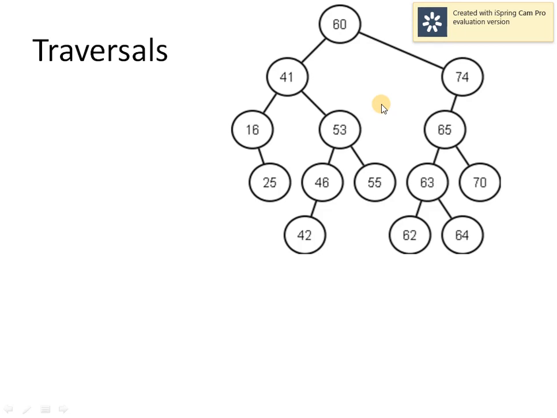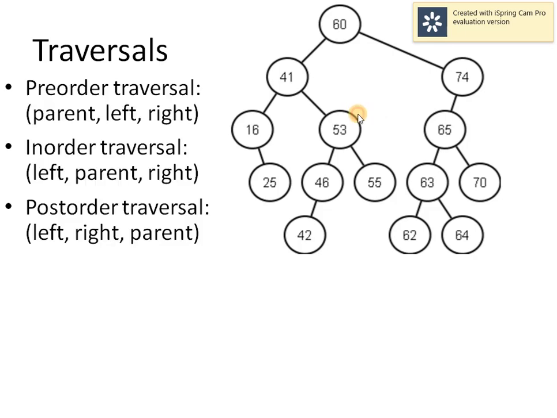Now when we say traversal, it means we have to visit each and every node of a tree. In a binary search tree, we have a parent node, a left child and a right child. Depending upon the position of the parent node in the traversal, there are three kinds of traversal: pre-order traversal, in-order traversal and post-order traversal.